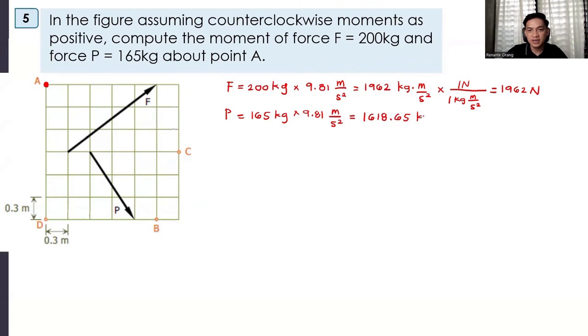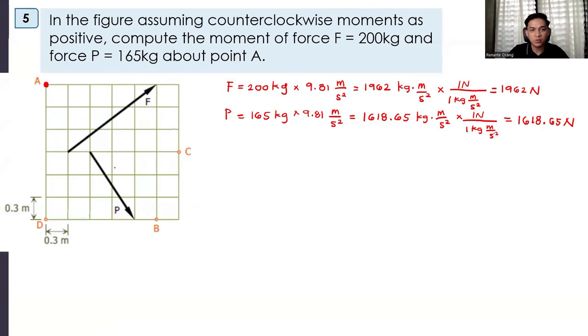Unit po niya is kilogram meter per second square. Then same kanina, in every 1 Newton, we have 1 kilogram meter per second square. So this is equivalent to 1,618.65 newtons.